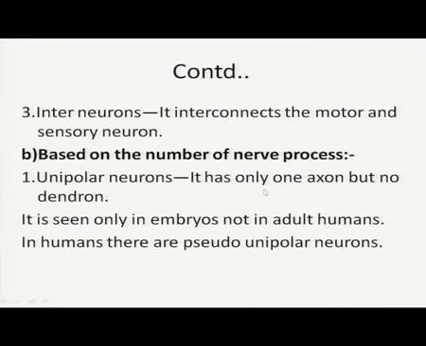It is only an axon, no dendron. Such neurons are known as unipolar neurons. Normally, these unipolar neurons are seen in the embryos, not in adult humans. In humans, there are pseudo unipolar neurons.